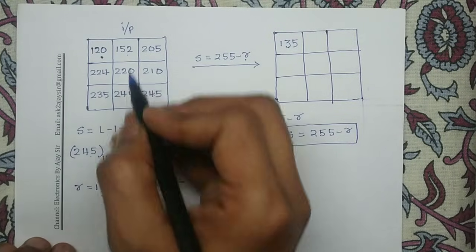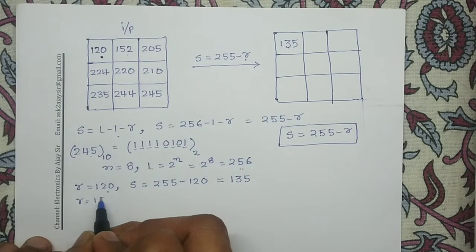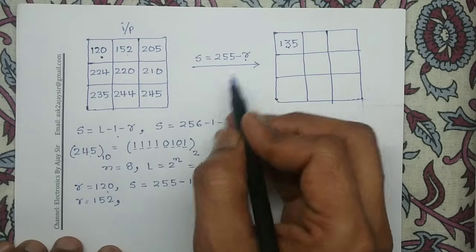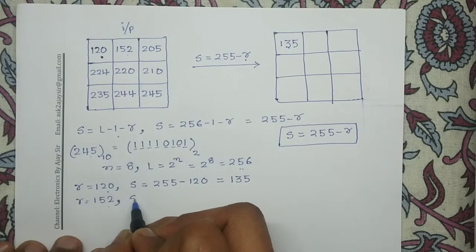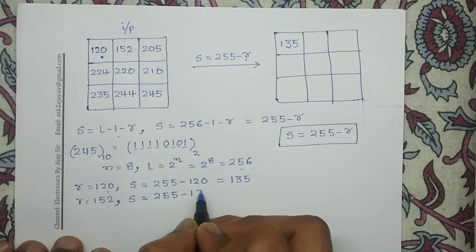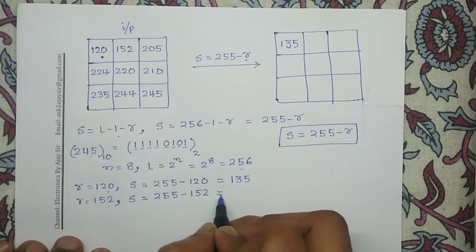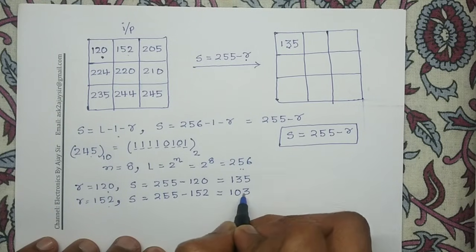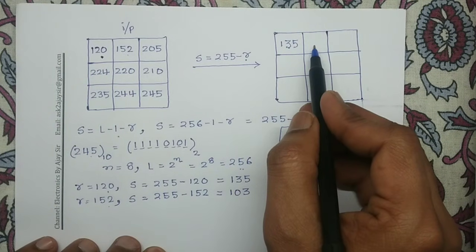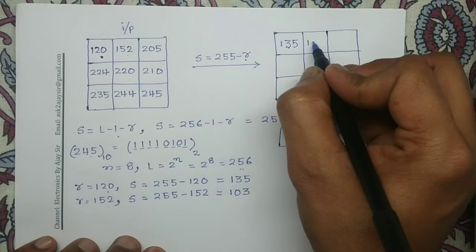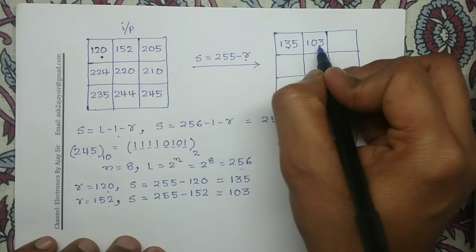Next, for this pixel, if R is equals to 152, in this equation, in place of R, we will substitute 152. So the equation of S becomes 255 minus 152, that is equals to 103. So for this pixel, we have obtained the output intensity level 103.